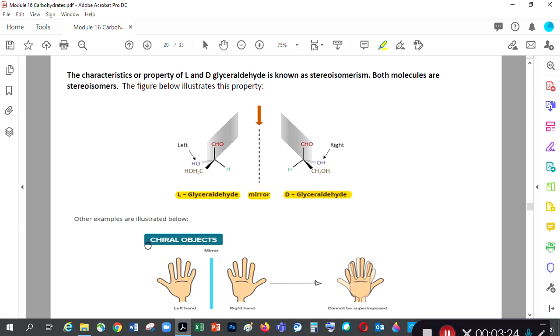The same thing applies to chiral objects like the hand. If you put your hand in front of a mirror, you will see your right hand inside the mirror. And if you take the left one and put it on the top of this, you will not get any superimposition. You see here, the thumb is not with the thumb, it's on the other side.